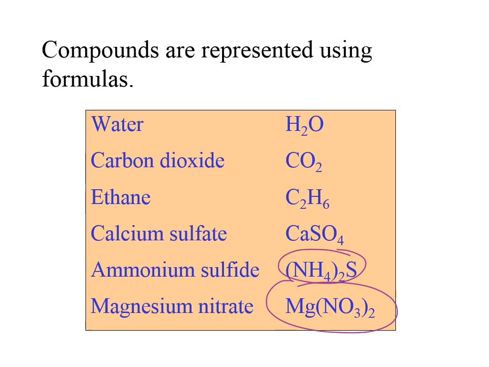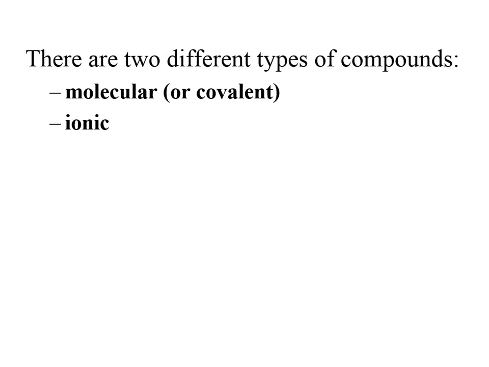So there is a distinction between 2 broad types of compounds. There are molecular compounds and ionic compounds. Molecular CPD is my abbreviation for compounds, and ionic compounds. And that is not any small, that's a pretty big distinction.